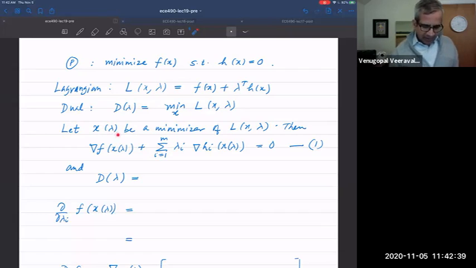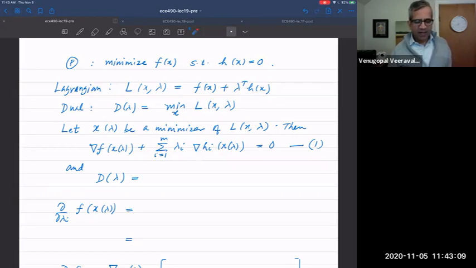So let x(lambda) be a minimizer of this L(x, lambda). Then we know, assuming of course differentiability and so on, that it satisfies the gradient condition, that the gradient has to equal 0. I purposely wrote out lambda transpose h(x) as the summation of lambda_i h_i, and then I could just write the gradient of this.